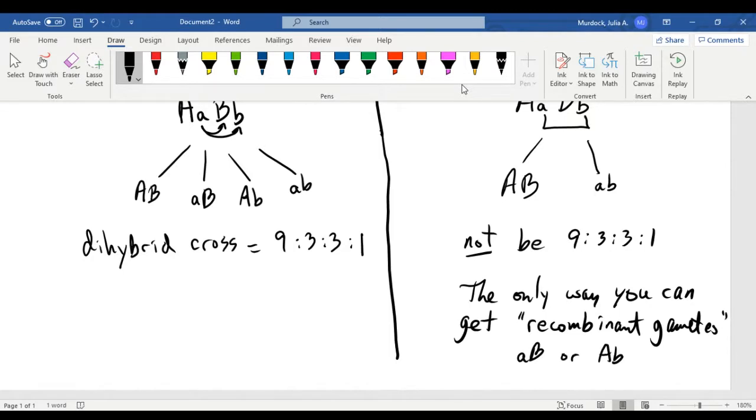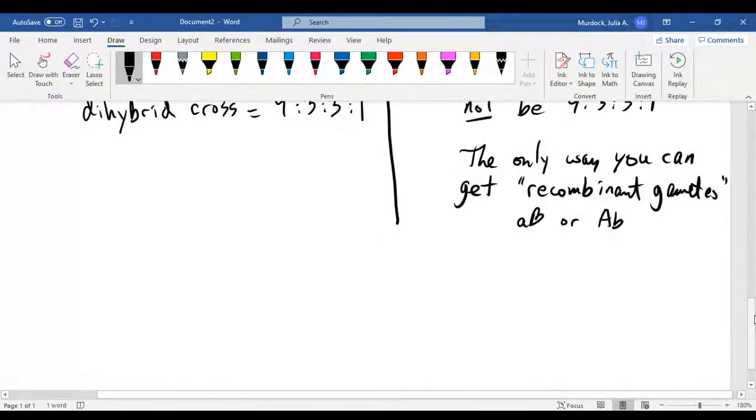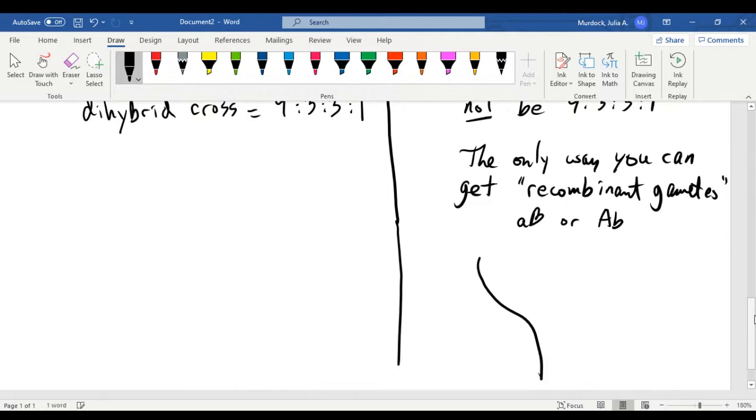The only way to get that is how? I bet you can guess. How could you get those if the alleles are residing on the same chromosome? I'm going to draw it for you. Bet you'll get it before I finish drawing it.